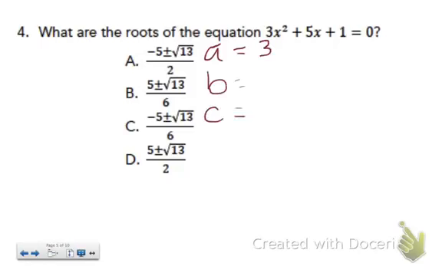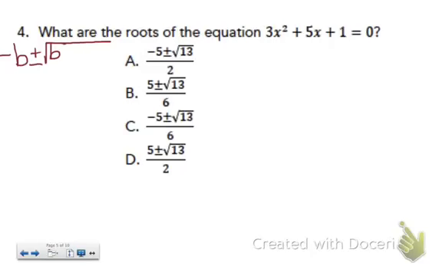Okay, A is 3, B is 5, and C is 1. Remember, the coefficient of the squared term, the x term, and the constant. And then, why don't I go ahead and plug it in. Okay, so remember my quadratic formula, negative b plus or minus the square root of b squared minus 4ac all over 2a.